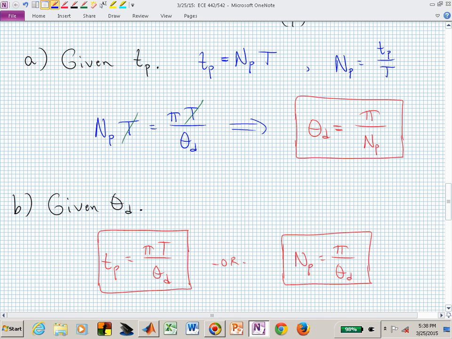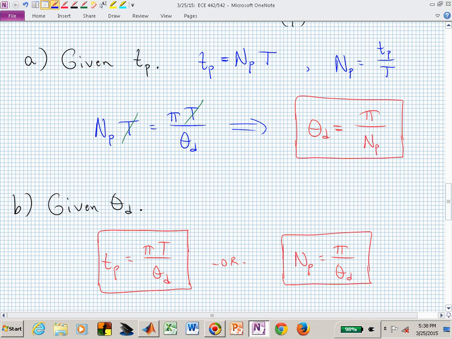If somebody gives us the peak time, we can now figure out what the angle of those dominant poles needs to be relative to that peak time expressed as a number of sample periods. If we're given the angle, then we can compute the peak time. Time to peak is then pi T over theta sub d.